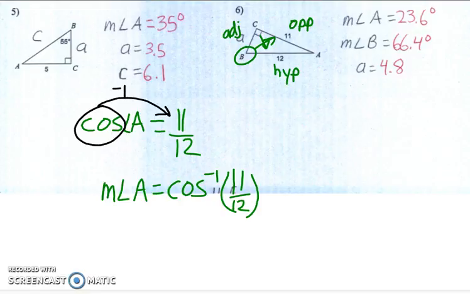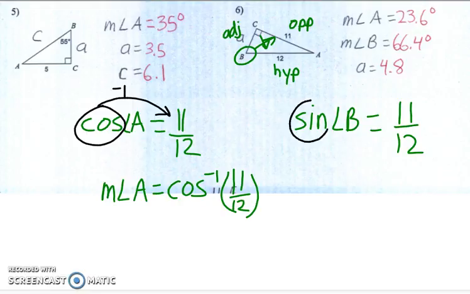Again, go ahead and put SOHCAHTOA somewhere on your piece of paper. So we will have sine of angle B equals 11 over 12. Let's go ahead and circle our sine. We're going to draw an arrow to put it to the other side. It's going to cost 1.